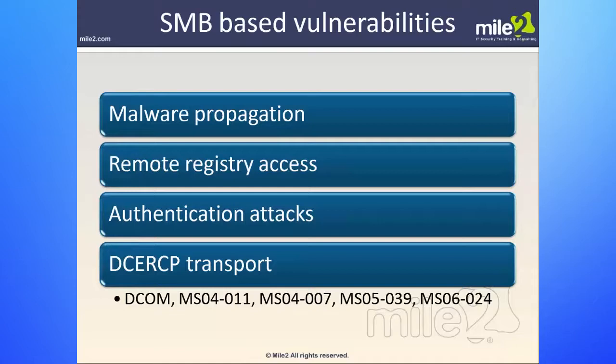Authentication attacks could occur here, and we also have the DCE RPC transport, which you can check out on your DCOM and some of your MS practice out there too. We'll talk in a moment about some more DCE RPC stuff, because it's all going to be part of that.